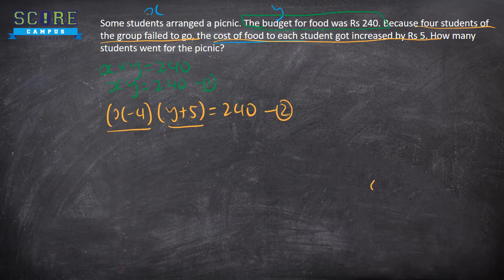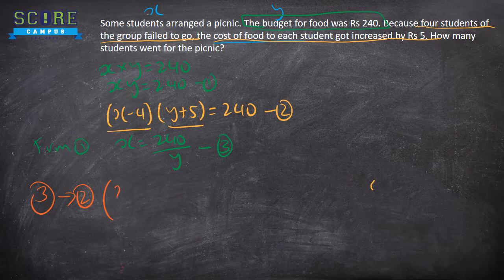Let's get from 1. From 1 I can see that x equals 240 over y. This is equation 3. Now I will take 3 and sub it into 2.